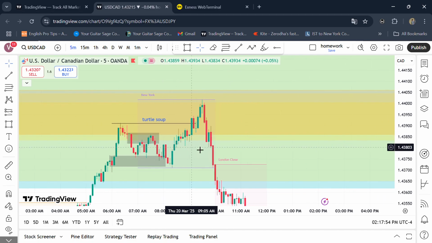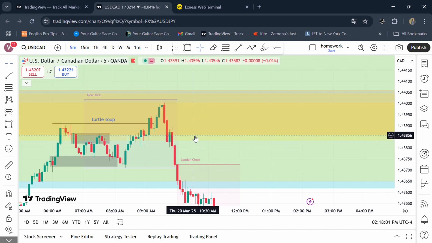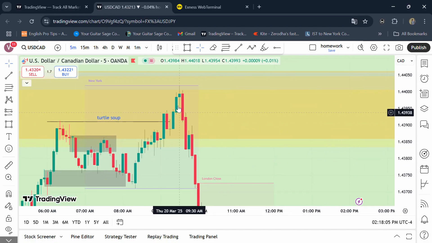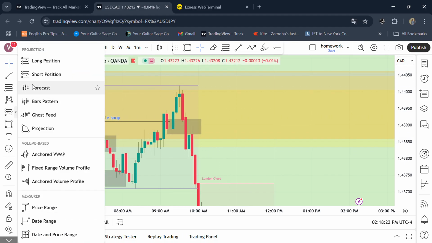It made a turtle swoop, and then after this green candle somewhere here, I'll tell you the exact entry. This is a mitigation block for 5 minutes. As you can see, after this green candle, the red candle exactly tapped that mitigation block. This is where you were supposed to enter.